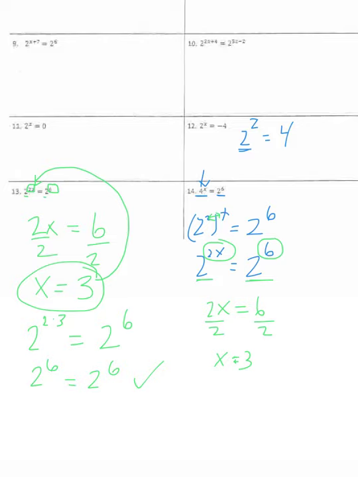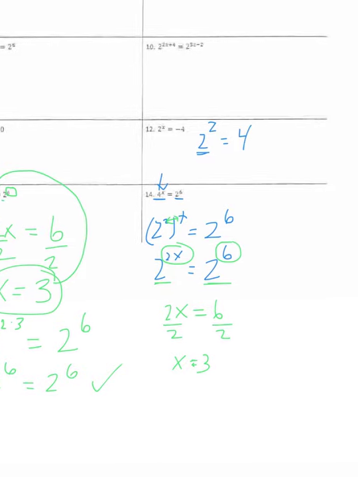Again, it's a good idea to always check your work to see if your solution makes sense. So if we substitute the value of 3 in for the original equation, we will get 4 to the exponent 3, putting 3 in for this x. Does that equal 2 to the 6th?